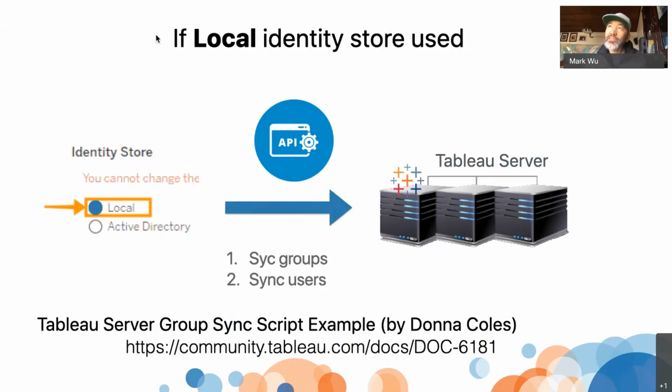When we say sync, we mean syncing the users and groups. That's how you get users onto the server. Once users are on the server, again, it is site-wide, available to all the publishers in the specific site. If you have multiple sites, you may need to sync this to multiple sites.